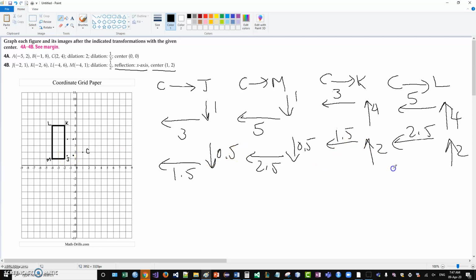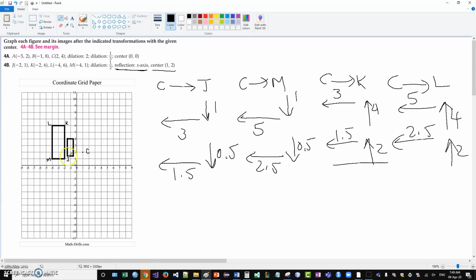Now for this one, we're going up 2 and then left 1.5, and for the last one, we're going up 2 and then left 2.5. Let me just connect the points. So this is our first dilated figure. Now for the second dilation, we're just doing reflection across the x-axis.